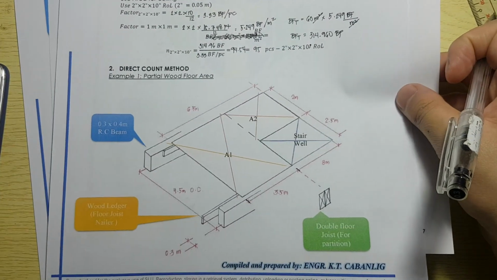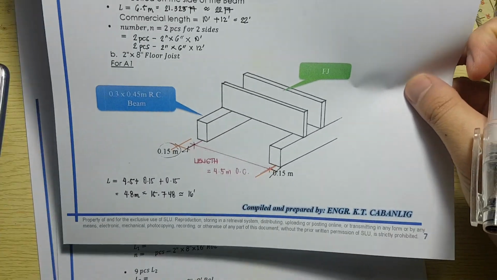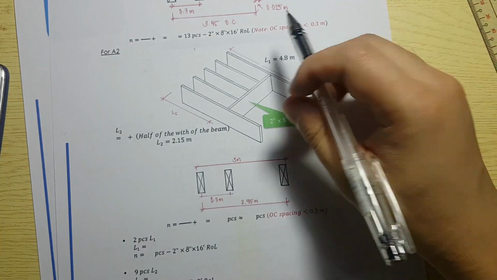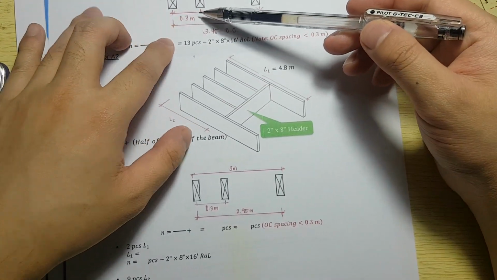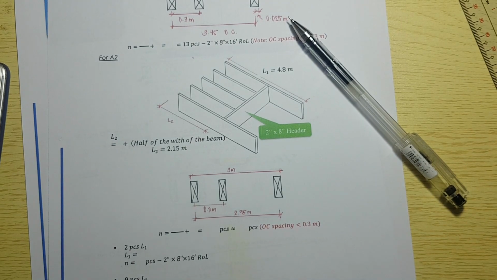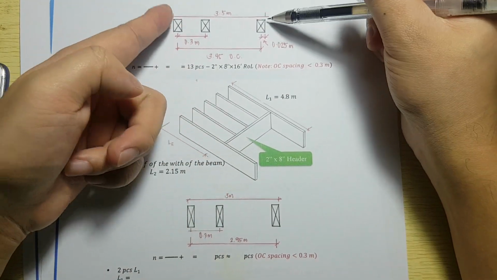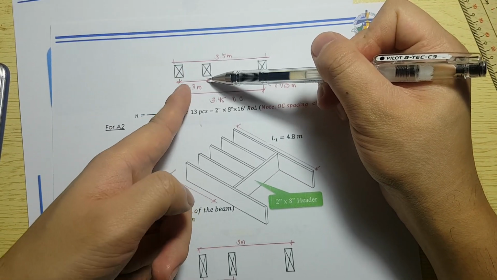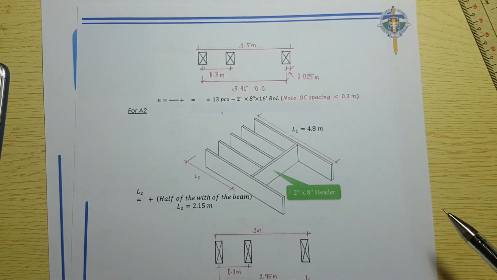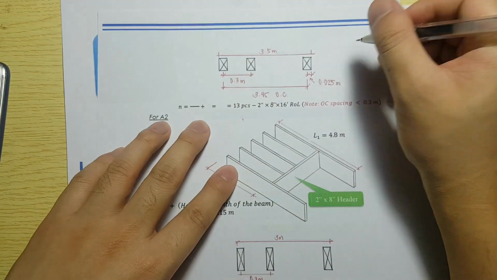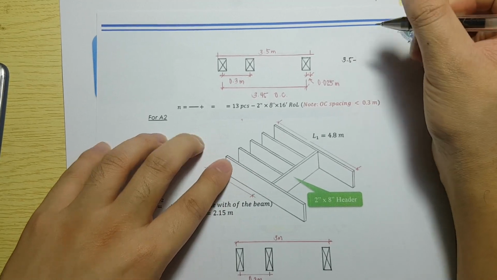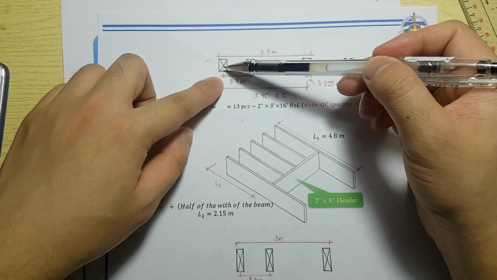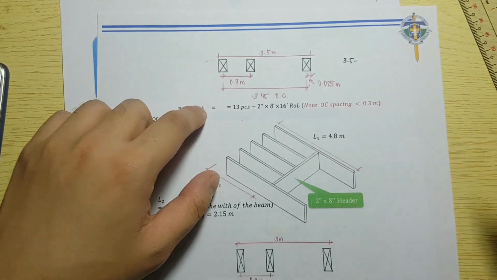Wait, let me show you. Okay. Ayun. It is spaced 0.3 meter on center. Okay, so be very careful with that. So, ang edge distance natin is 3.5 meters and ang on-center distance natin is 0.3 meters. Okay, so that would be 3.5 minus half of this floor joist, and that is 0.025.